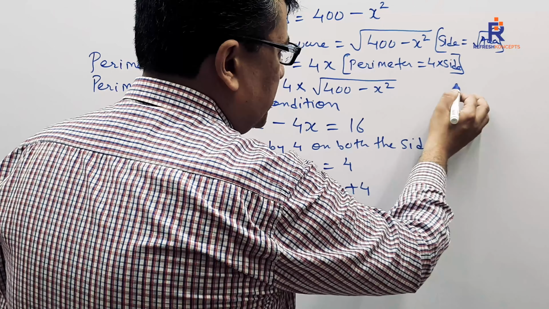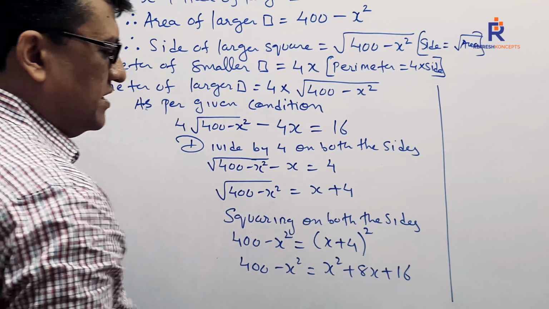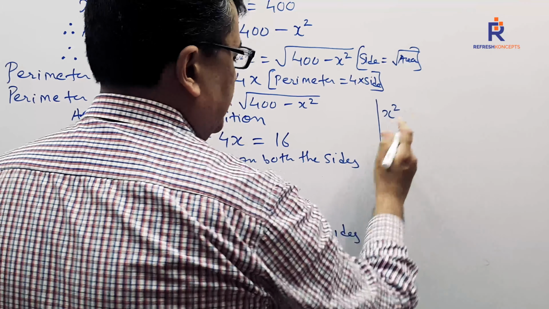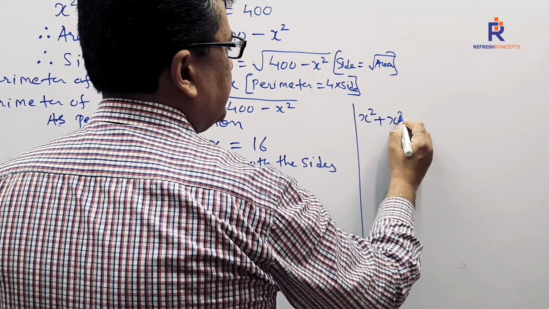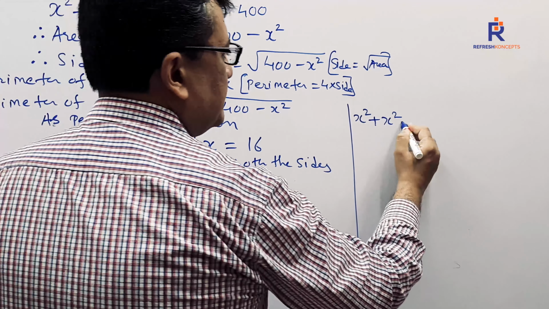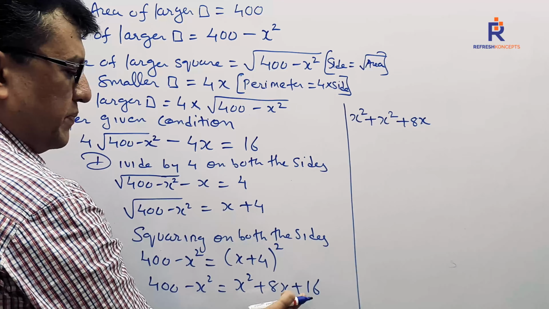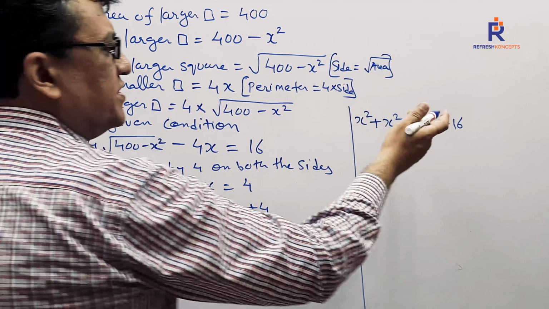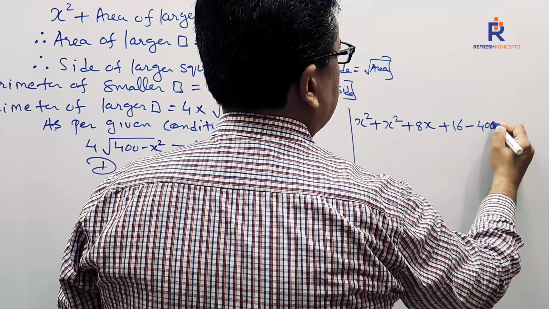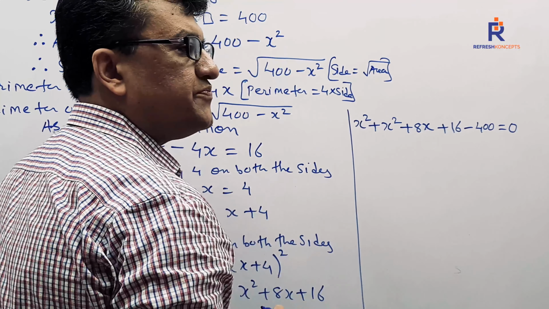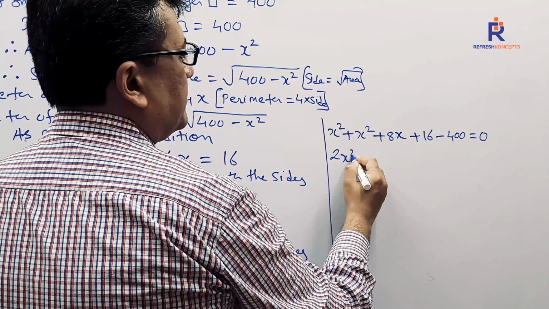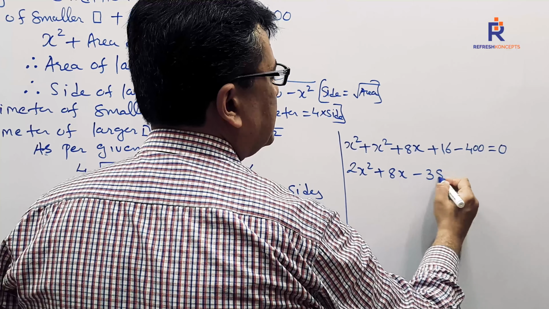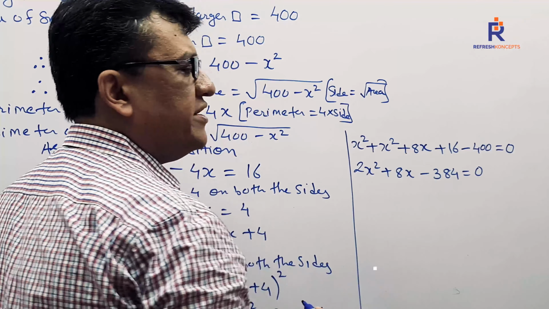So I'll write down the quadratic equation here, please. Kindly focus. I'll bring all these terms here. So I'll have x square, when this minus x square comes here, plus 8x plus 16. When this 400 goes over there, becomes minus 400 is equal to 0. 2x square plus 8x minus 384 equals 0.